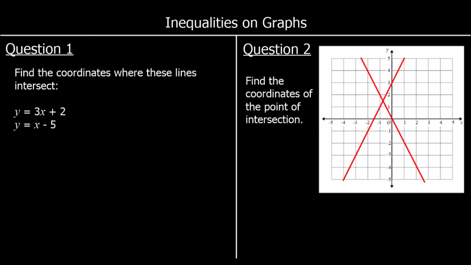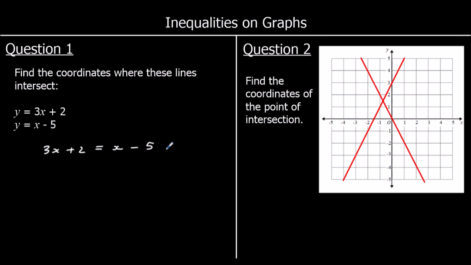Okay, to finish up, we've got two questions. So pause the video and give them a go. Question 1 says, find the coordinates where these lines intersect. So that means solve the simultaneous equations. We're going to say that 3x plus 2 equals x minus 5.